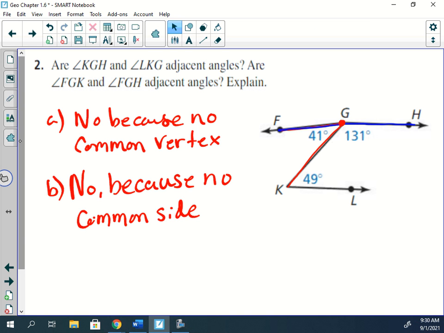They need a common side for these two to be adjacent. Any questions on this here?